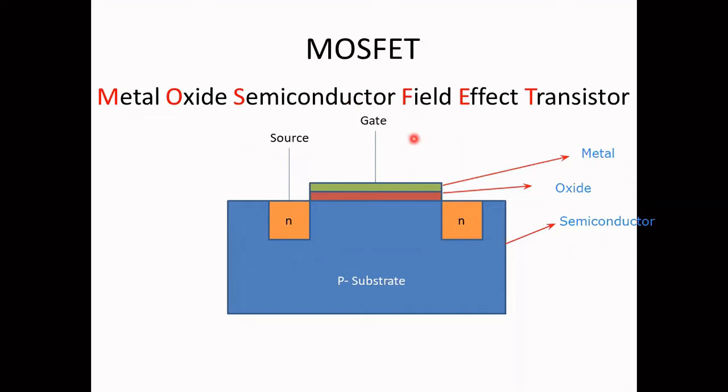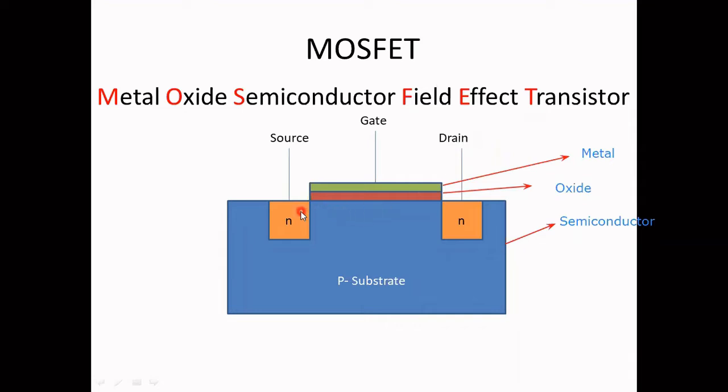It is called the gate because it is the terminal that controls the operation of the MOSFET. The third one is called the drain terminal, because whatever electrons are given from the source will be drained inside the drain region.